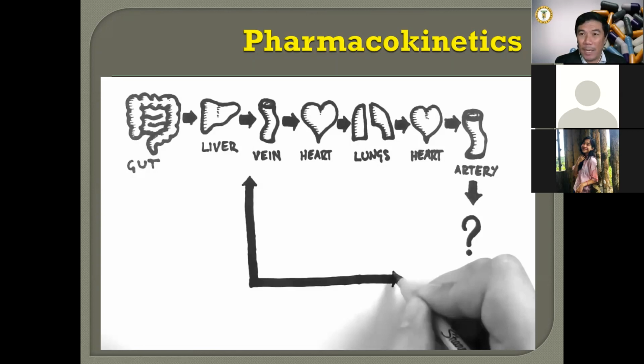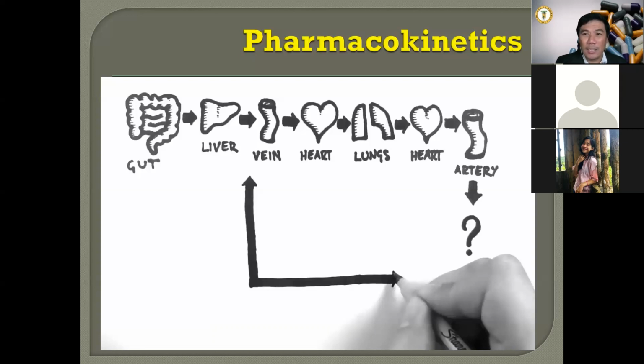The first pass effect is identified for oral medications that significantly depend on the function of the liver to detoxify. Once the drug is detoxified, the liver will separate those components that are no longer appropriate for the body from the ones that are needed by the body.